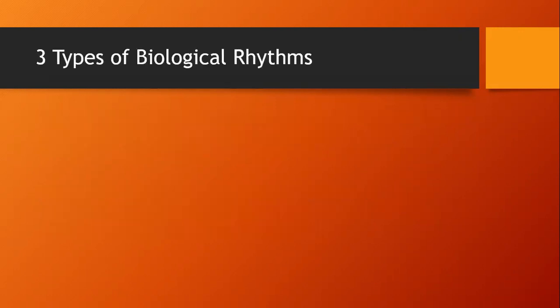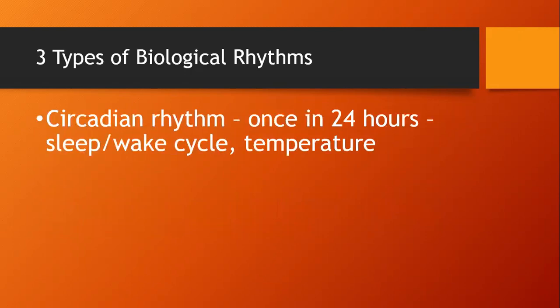And our third question, the types of biological rhythms. We have three types of biological rhythms and they are quite different. So our first one, and we've already mentioned it in the spec, is the circadian rhythm. This is a rhythm that takes 24 hours to complete. So once in 24 hours. For example, sleep.